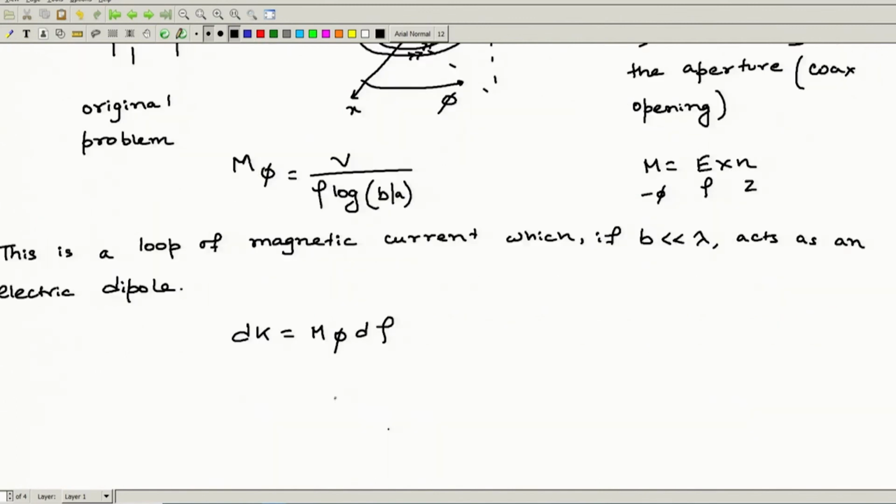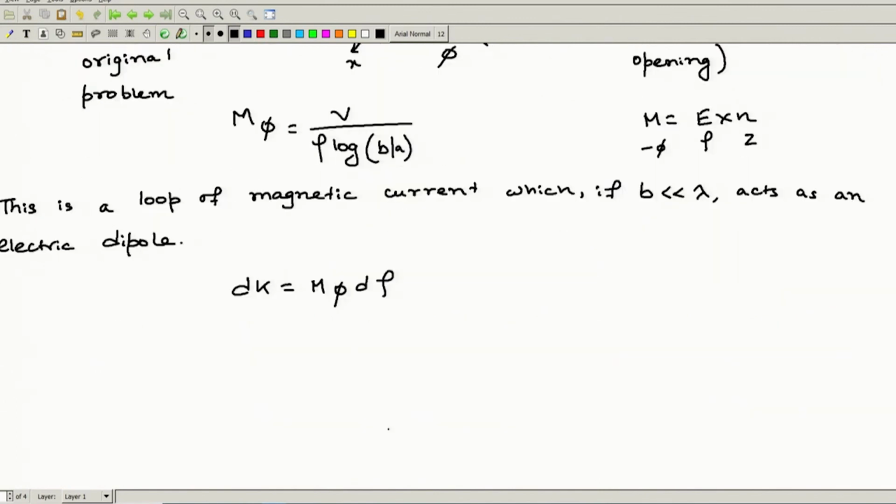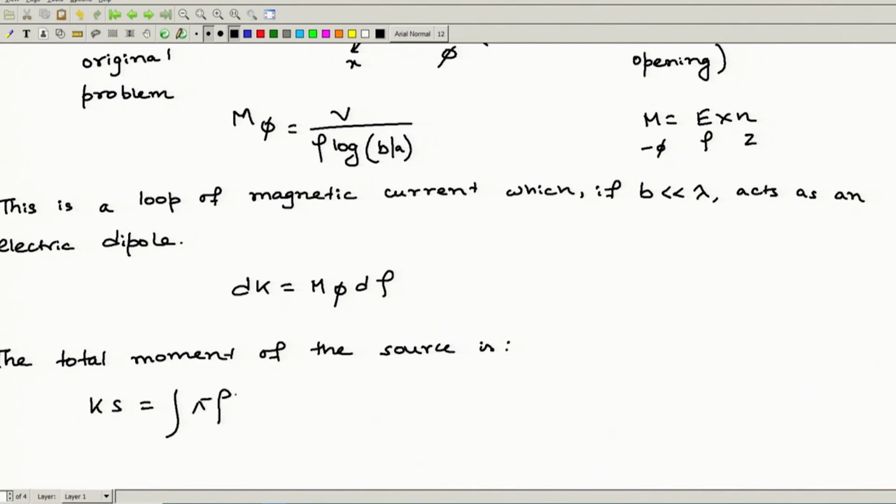Then the total moment of the source, Ks, is the integration of pi rho square dk.